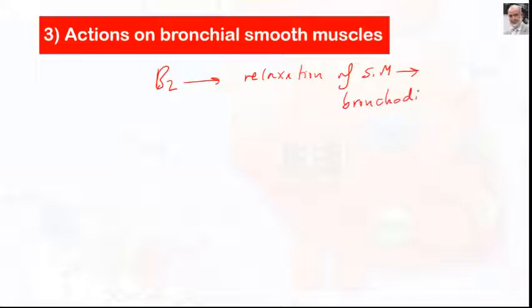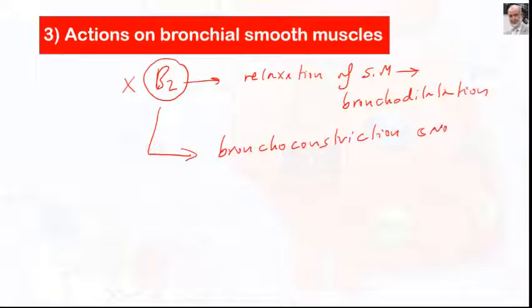Therefore, it is expected that blocking beta 2 receptors will result in bronchoconstriction. Of course, this bronchoconstriction will be more with the non-selective beta blockers, blocking both beta 1 and beta 2, like propranolol.